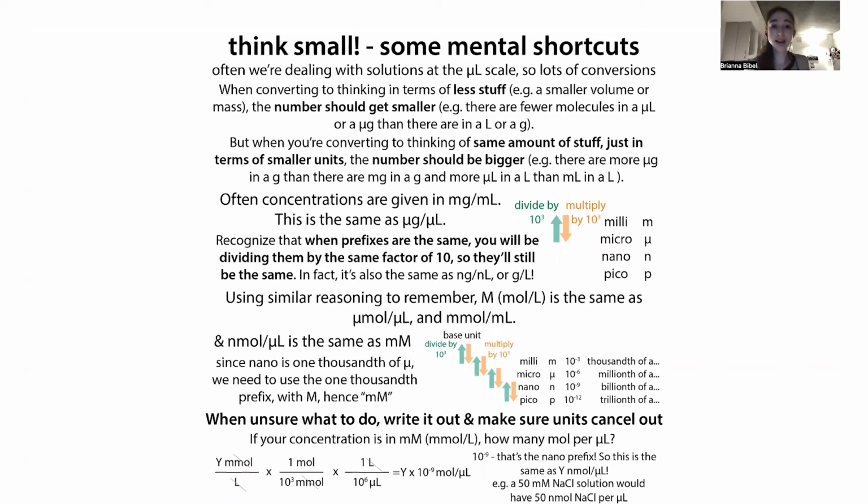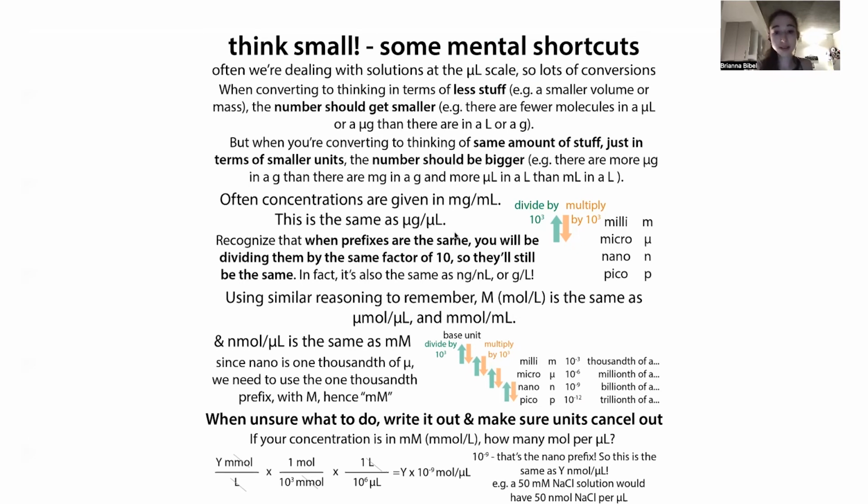So one is to recognize that when prefixes are the same and you're dividing them by the same factor of 10, those prefixes are still going to be the same. Often concentrations are given in mg per mL. This is the same as micrograms per microliter. And when you're dealing with microliters, sometimes you want to think in terms of how many micrograms there are. Thankfully, this is the same thing.